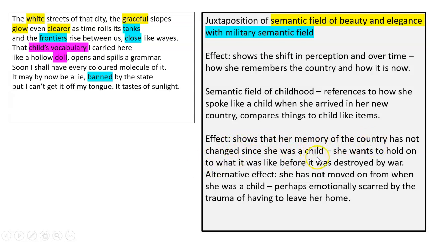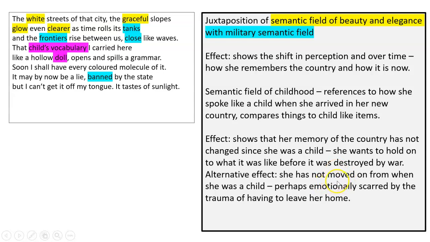She's looking back at it, again linking with that kind of fairy tale idea, not through an adult's eyes, through a child's eyes. And she's trying to hold on to this very innocent, childlike memory of what it's like.